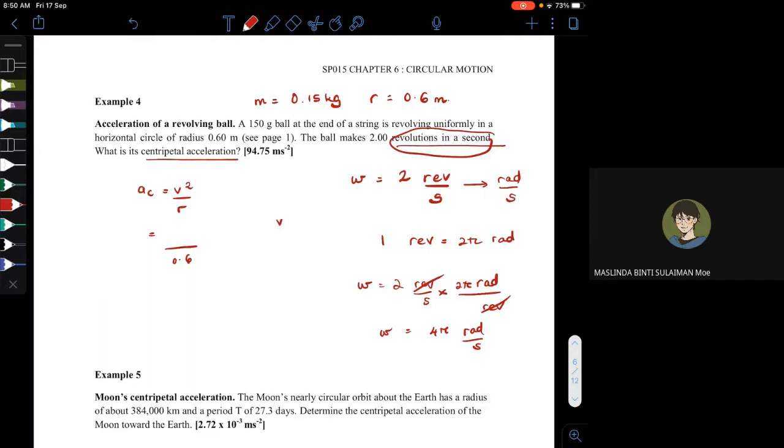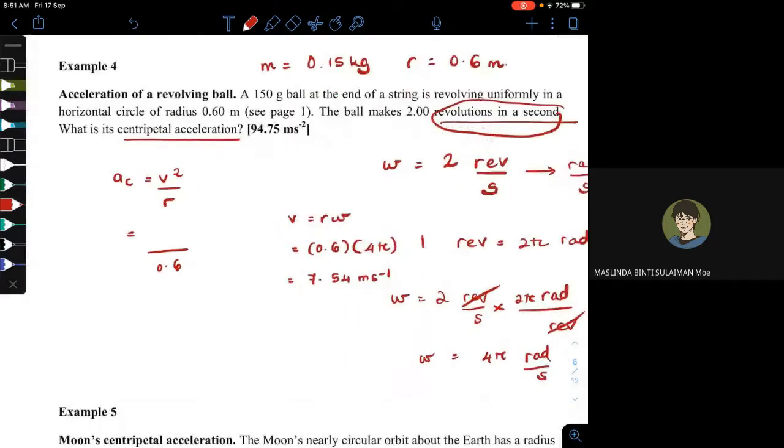So your R adalah 0.6. Omega is 4 pi. So your answer would be 7.54 m/s. So this one kamu letaklah 7.54 square bahagi 0.6. So sama dengan 94.75.